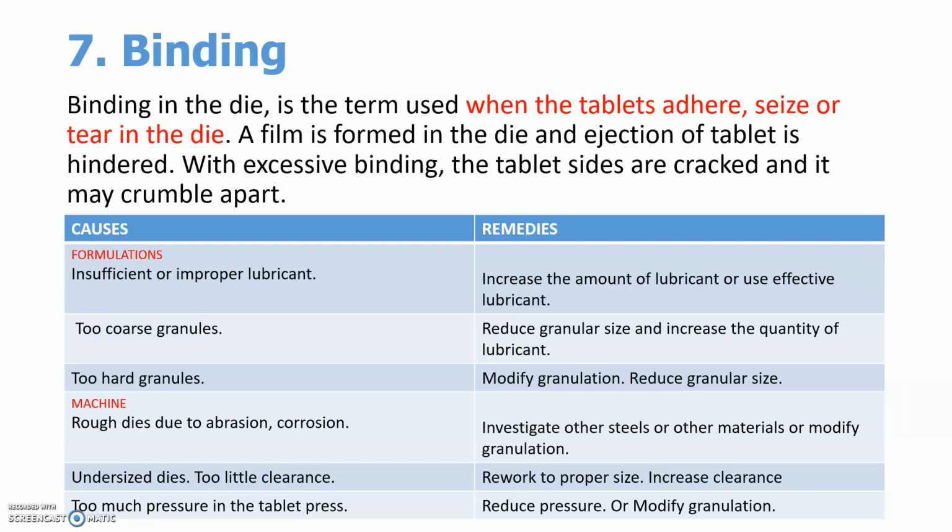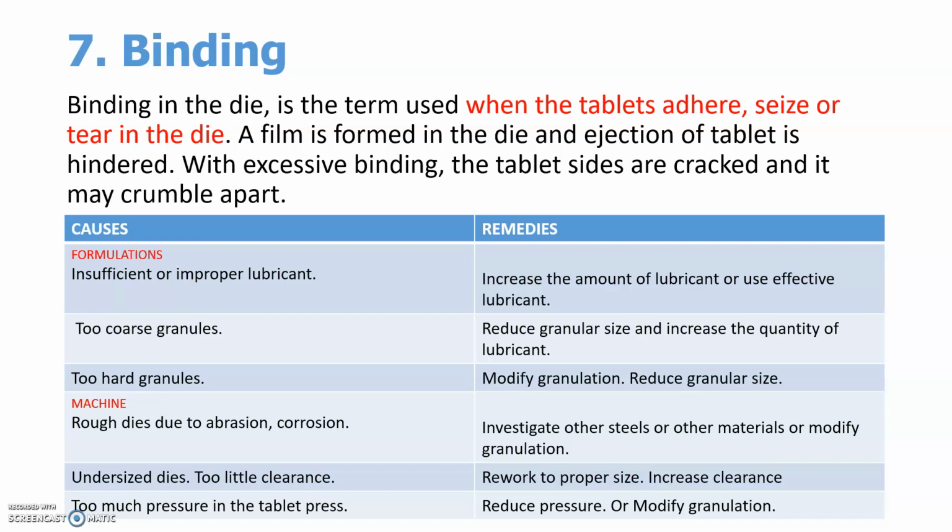So same insufficient lubricants, too coarse granules, too hard granules, rough dies, undersized dies, size of the tablet is not uniform or optimized, too much pressure in the tablet press.